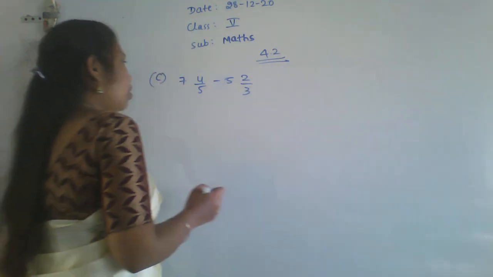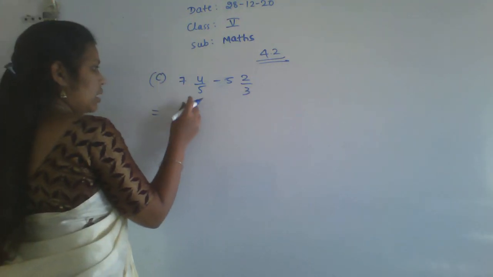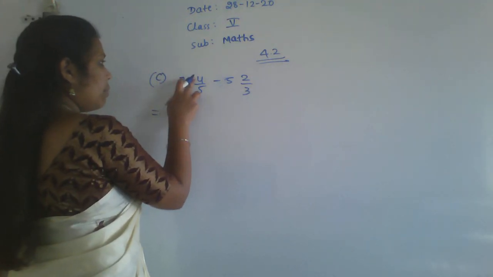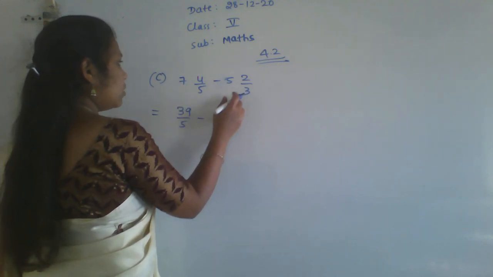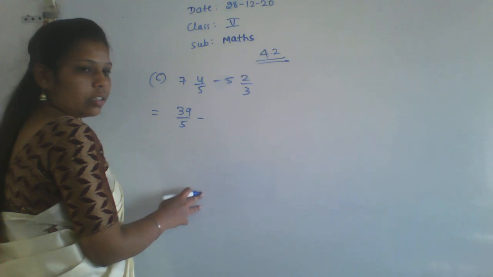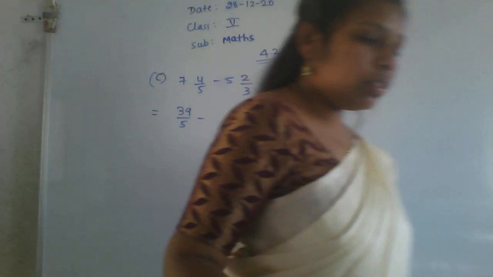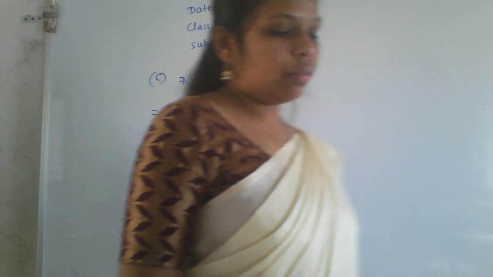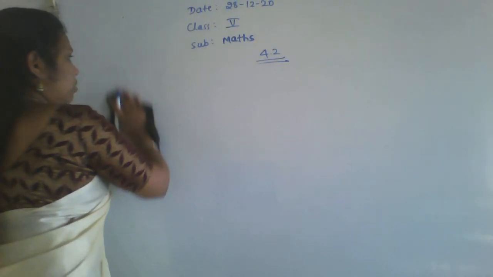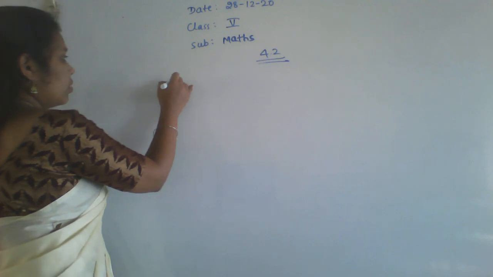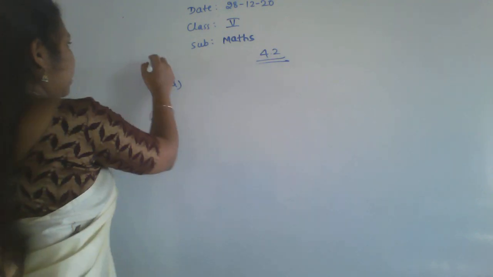Now multiply here. 5 sevens are 35, 35 plus 4 is 39 by 5, minus 3. This one we already did. Now we'll do it with the second main.